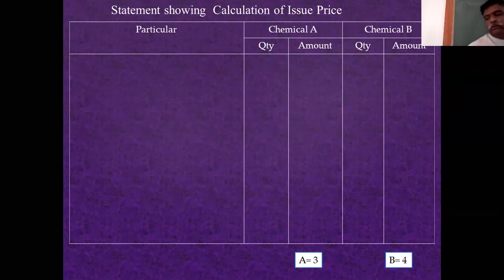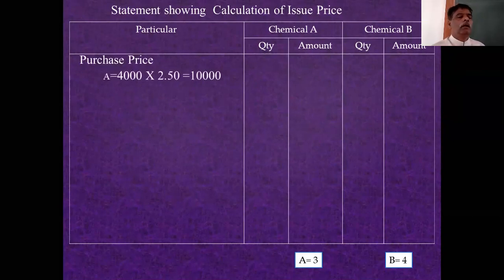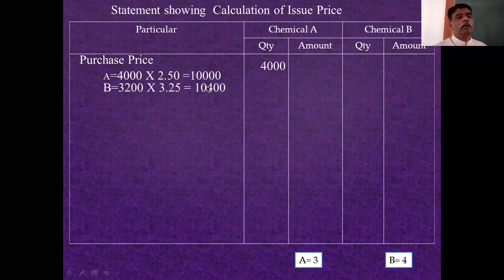Then you take the purchase price. A is 4,000 into 2.5, 10,000. B is 3,200 at the rate of 3.25, 10,400. So A quantity 4,000, amount 10,000. B quantity 3,200, amount 10,400.